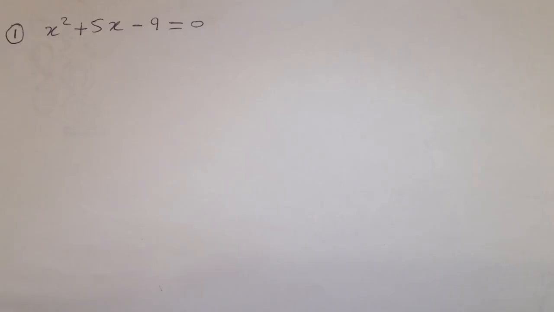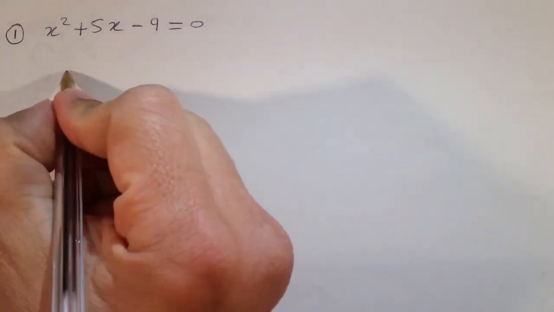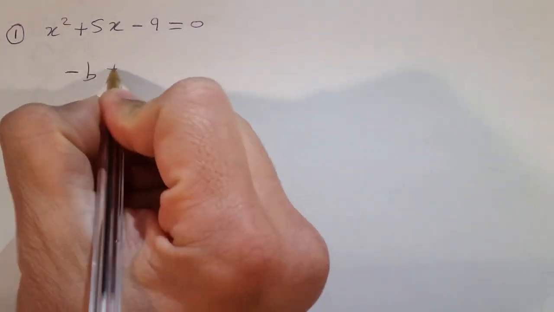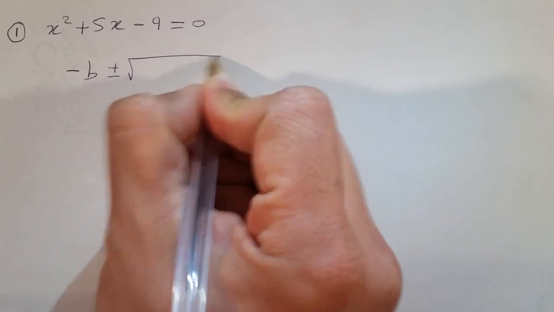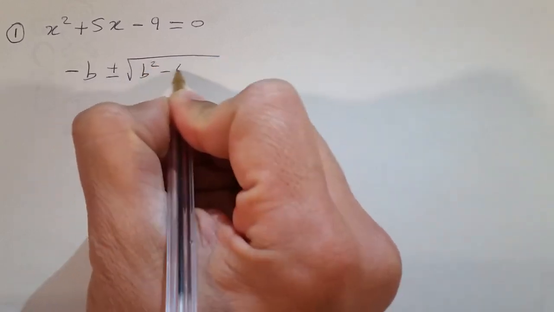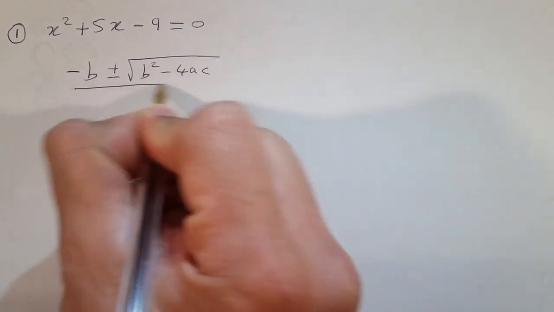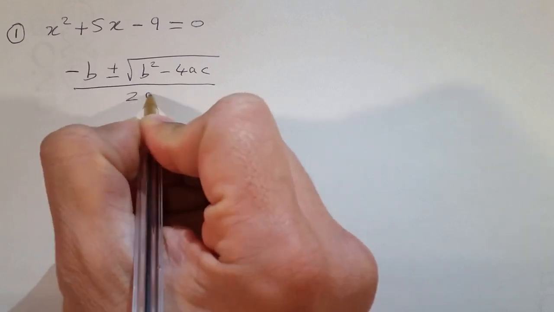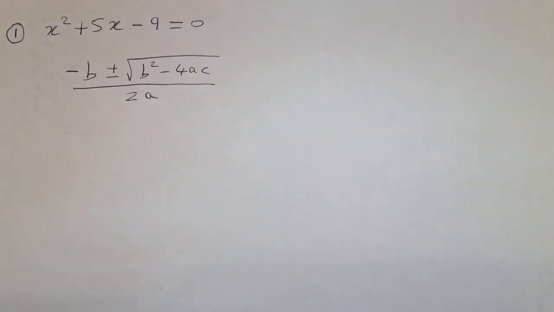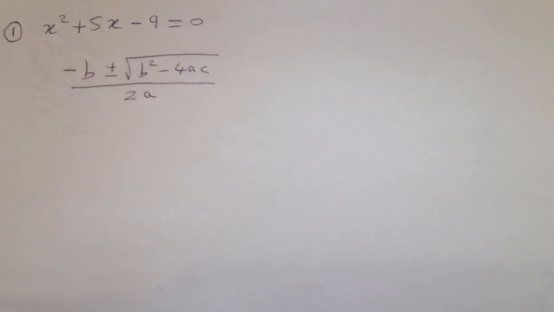This is the first question: x squared plus 5x minus 9 equals 0. We're going to use the formula to solve this one. What is the formula? Minus b plus or minus root b squared minus 4ac, whole over 2a. Now, what are a, b and c?